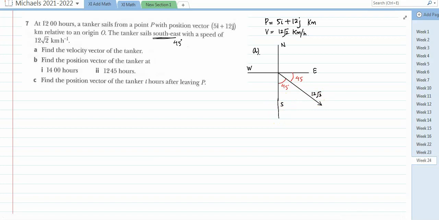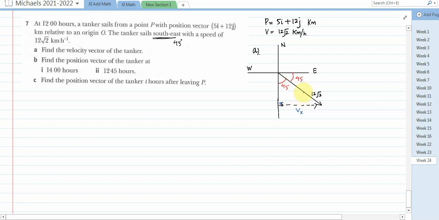So for the x component, that is your x component, right? If you need to find this length here and we have a right angle triangle, so with easy application of trigonometry we can find the velocity of x, right?